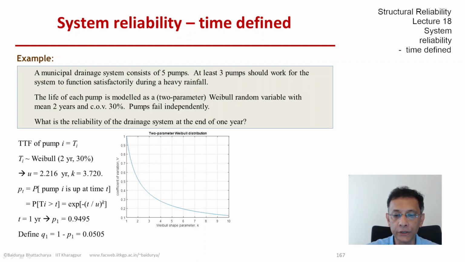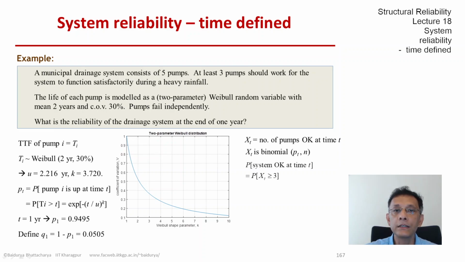With all this information, we are now ready to find the system reliability. As we did in the previous example, X_t is the number of pumps that are okay at time t. What we know now is that X_t is binomial with two parameters, p_t and n. For this example, n is 5, and we just found p_t, which is 94.95%. The system is okay at time t if, as a 3 out of 5 system, X_t is at least 3.